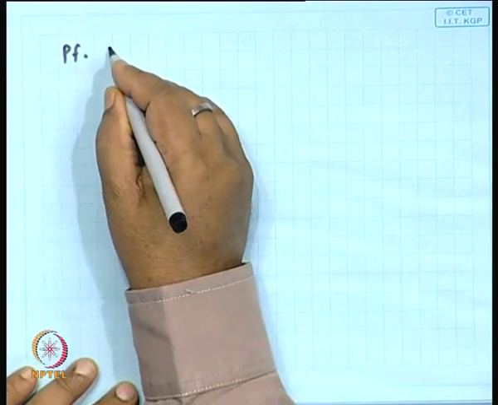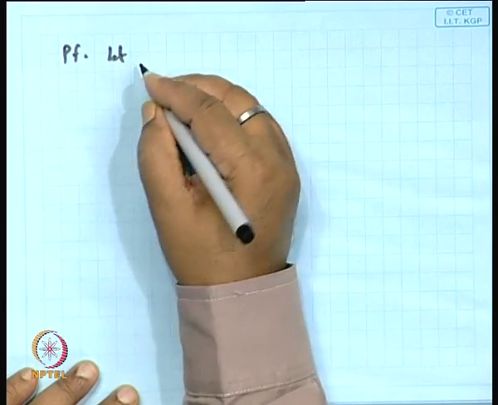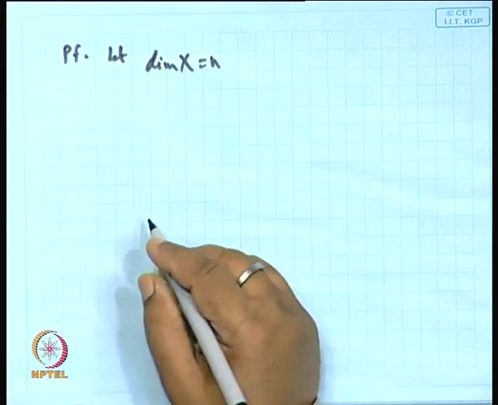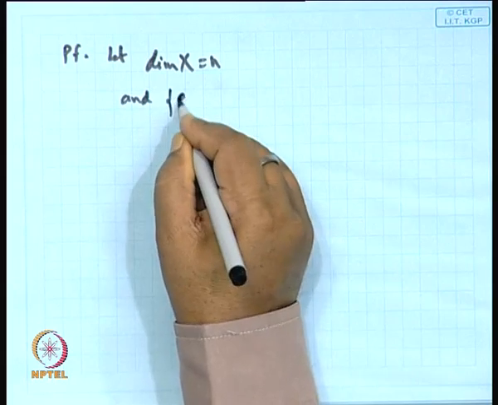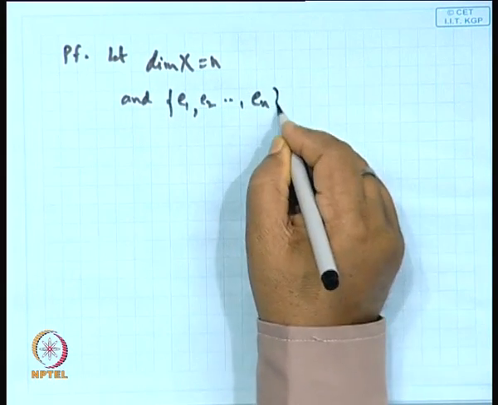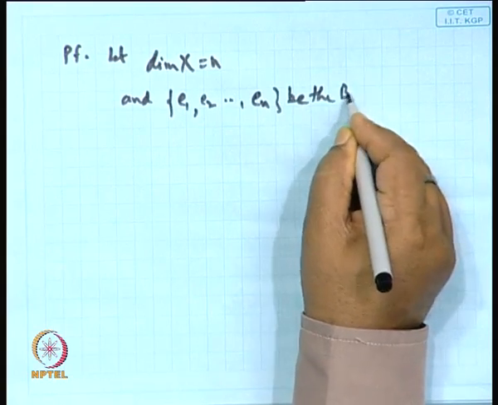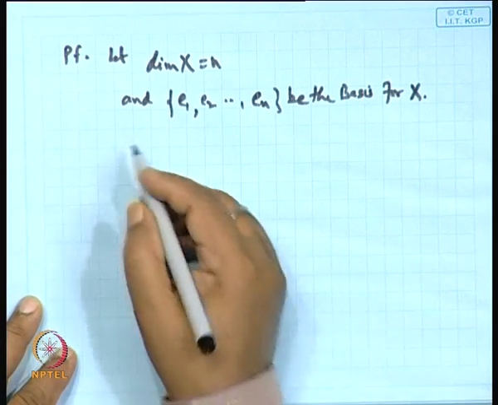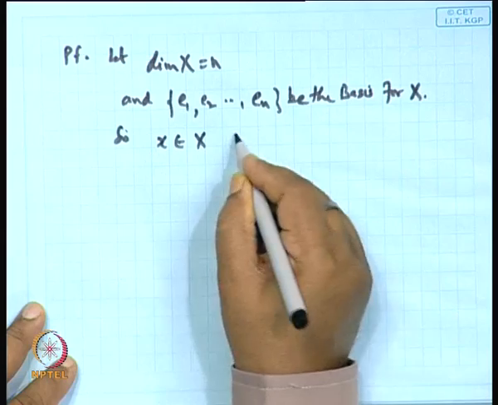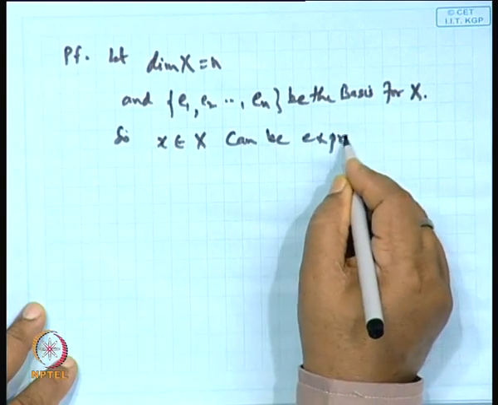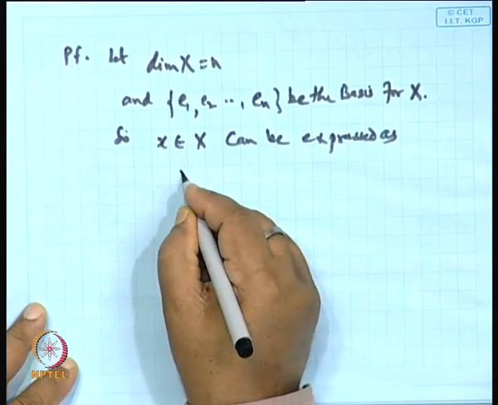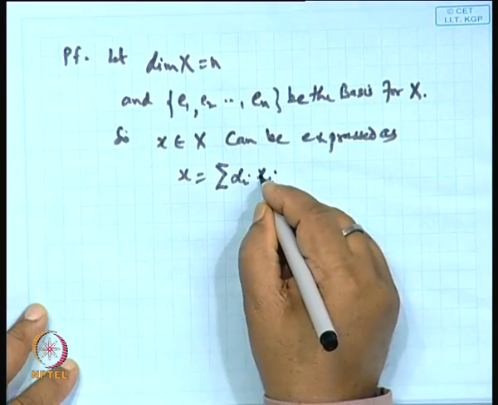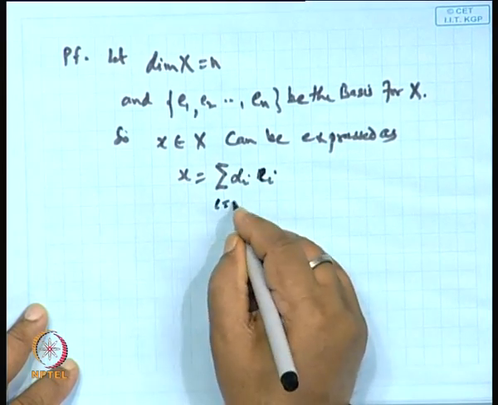Suppose we take X to be finite dimensional. So, let the dimension of X be n, and e_1, e_2, ..., e_n be the basis for X. So, any element x belonging to X can be expressed as sigma alpha_i e_i, because e_1, e_2, ..., e_n are basis elements, i equal to 1 to n.